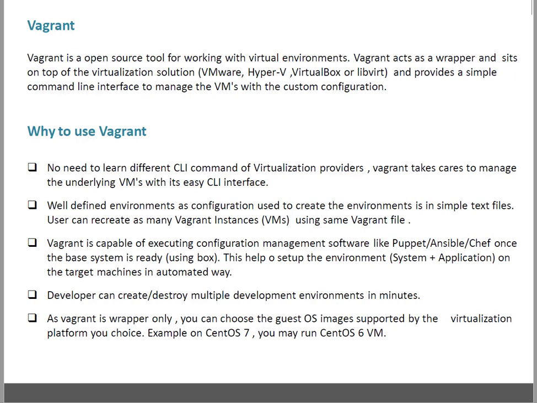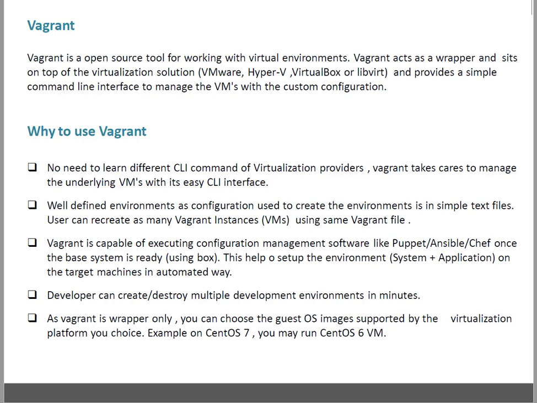What it means is, you have a virtualization solution on your machine, and Vagrant basically controls that virtual environment along with the next level of customization. I will talk about customization in a couple of minutes. Vagrant provides a simple command line interface to manage the VMs with custom configuration.